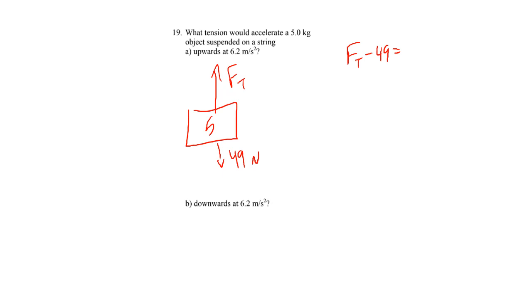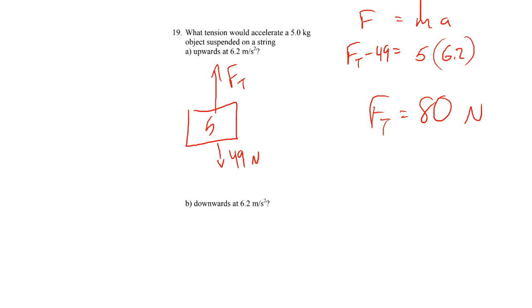F equals ma. Have you ever seen this formula before? So m is 5. Upwards at 6.2, a is going to be 6.2. So solving for this, I'm going to have 5 times 6.2, plus 49, which is 80 newtons.